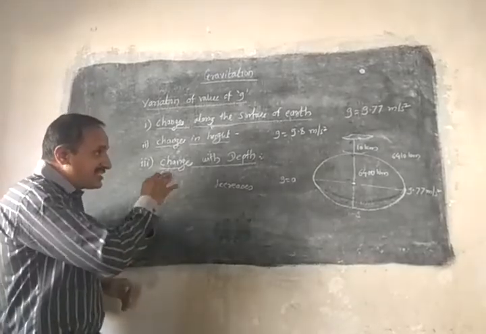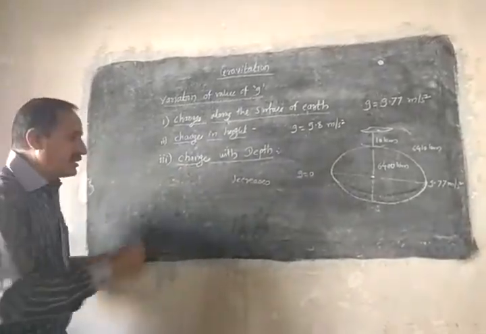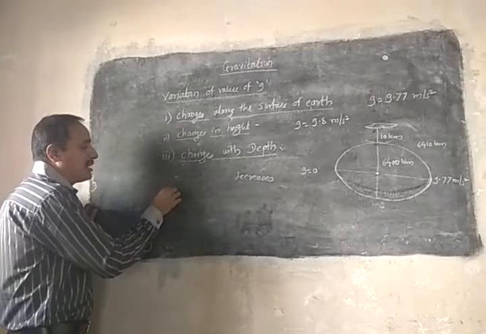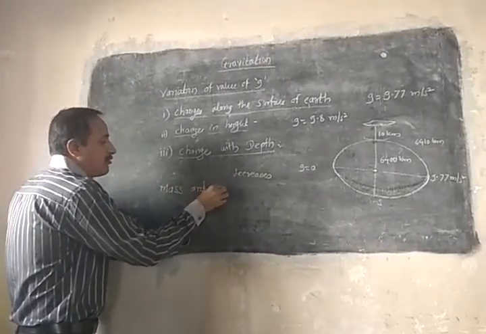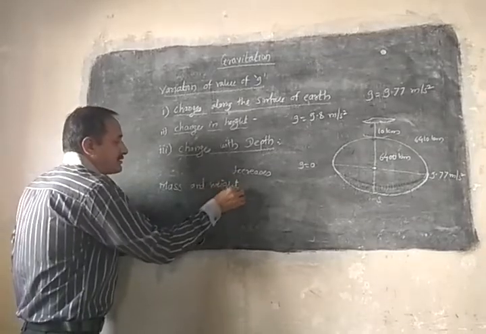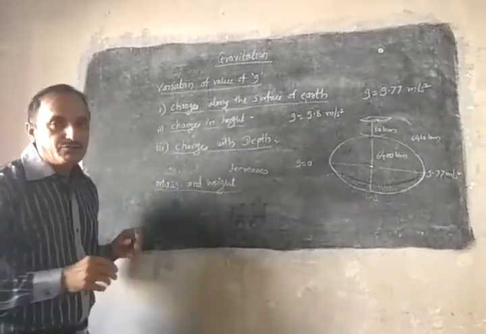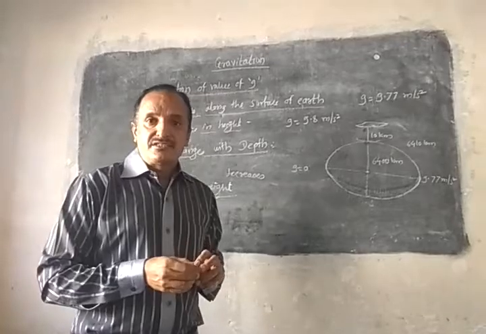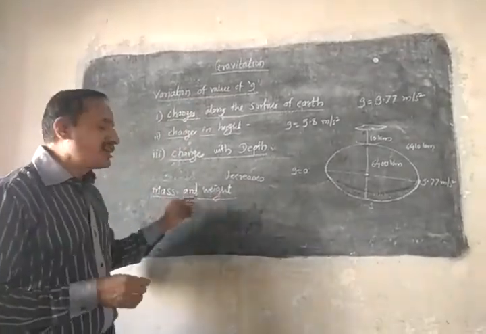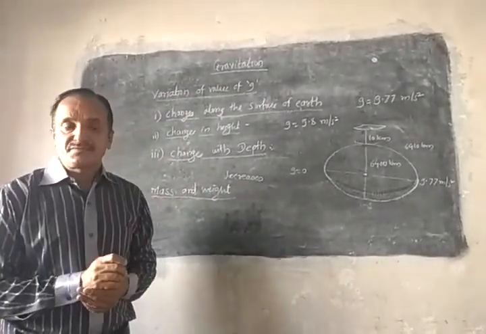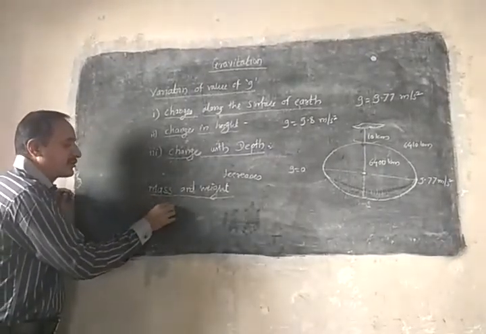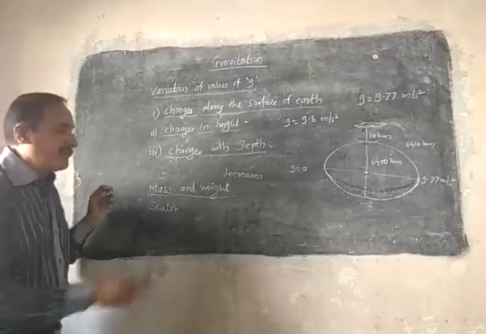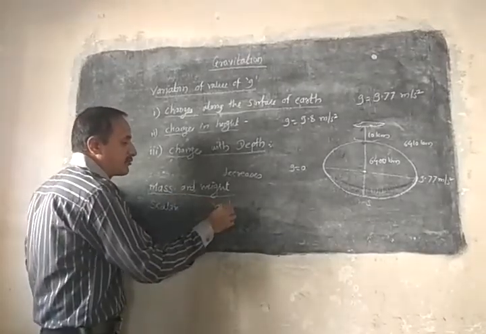Now, after studying these three factors, the next point is mass and weight. Always we say 10 kg weight, 20 kg weight, but weight and mass are different quantities. Mass is a scalar quantity, while weight is a vector quantity.